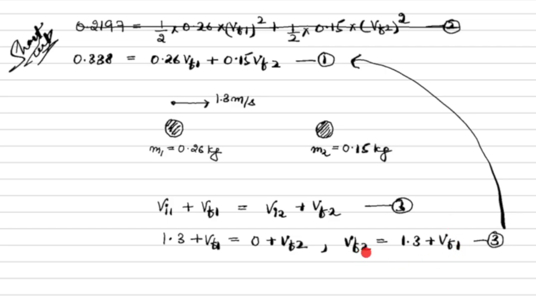So instead of VF2, I can put this. So let me solve further. So that will be 0.338 equal to 0.26 final velocity of 1 plus 0.15, and instead of VF2 I can put this 1.3 plus VF1. Now let me go further.